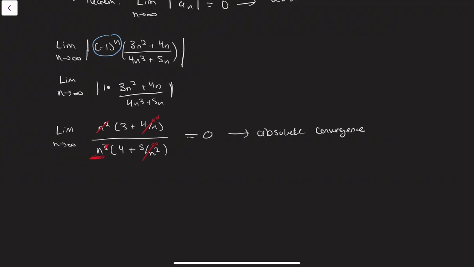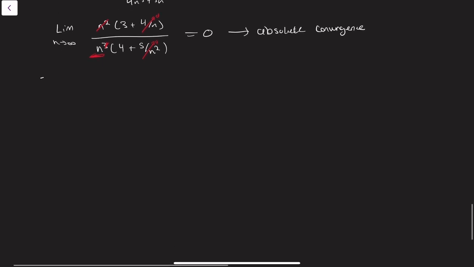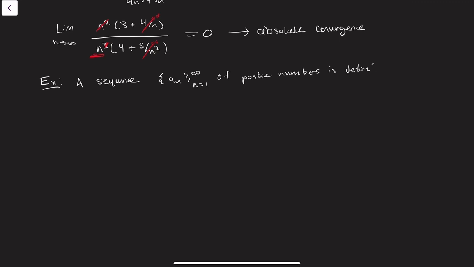So let's do another example, and this will be using mathematical induction. So let's say we have a sequence an, where n is equal to 1 and goes to infinity, of positive numbers, is defined recursively by these values.